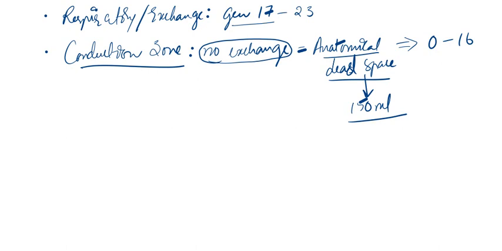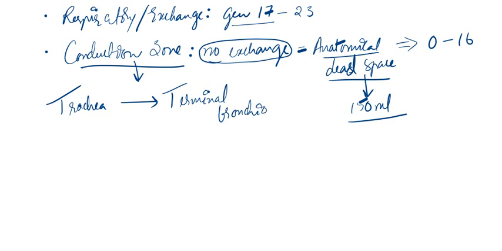Now the conduction zone is from which segment to which segment? From the trachea, generation 0, to the terminal bronchiole, that is the 16th generation.